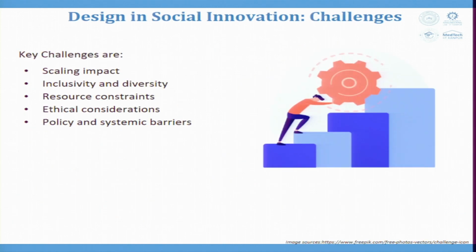So, now when we start looking at design and social innovation challenges, the key challenges are going to be scaling impact. That means you are trying to move from isolation to systemic change.